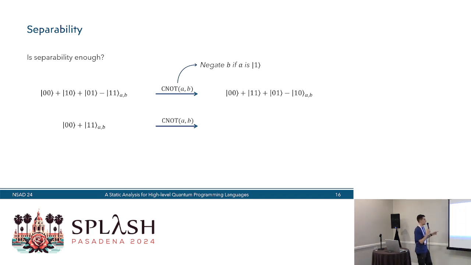Instead, in the second case, if we apply CNOT AB, we obtain this state, because in this case we do nothing. In this case we negate B, so it becomes 1, 0. So you see that in this case, when there is this direct relation between the qubits, with a simple operation, that is a CNOT, a simple gate, we have nullified the entanglement between the qubits.